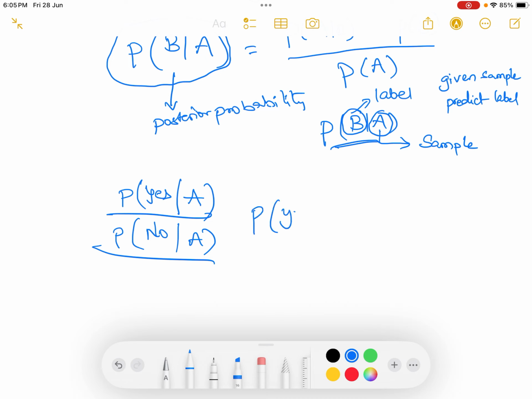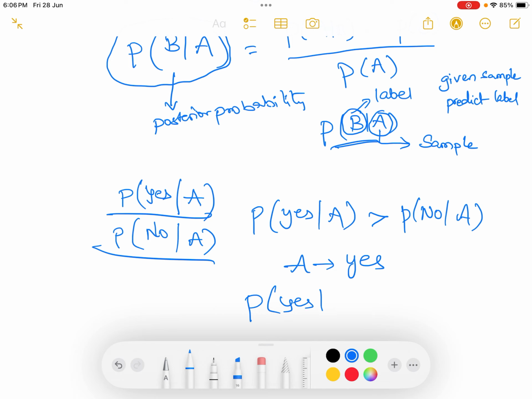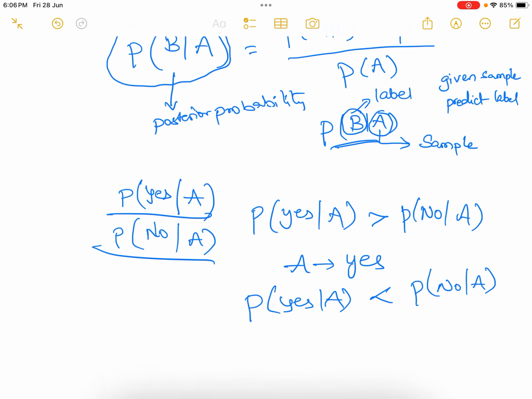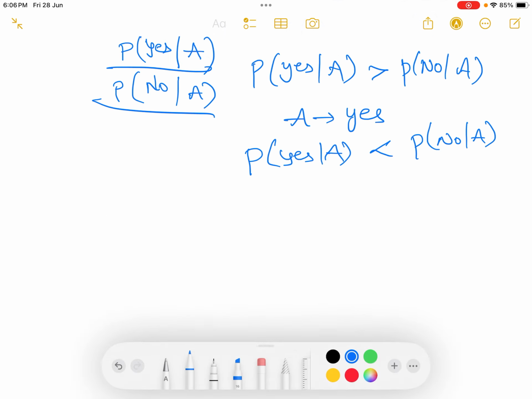And how to decide the label of the sample is, if the probability of yes class is more than probability of no class, then the sample A belongs to yes class. If probability of yes class is less than probability of no class, then sample A belongs to no class.